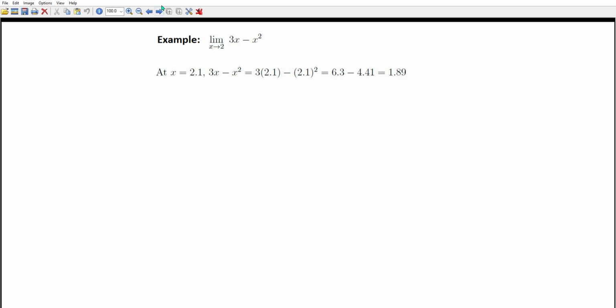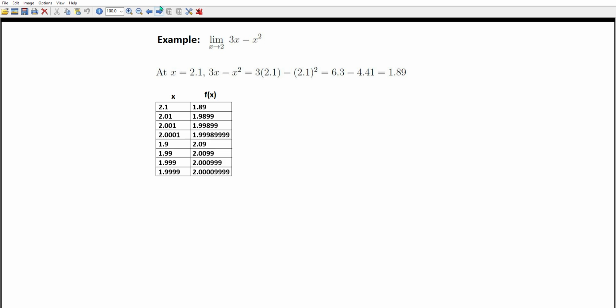We do this for all sorts of values closer and closer to 2, and they're reflected in this table. When we go from 2.1 to 2.01 to 2.001, 2.0001, closer and closer to 2, these values on the right-hand side are getting closer and closer to 2.